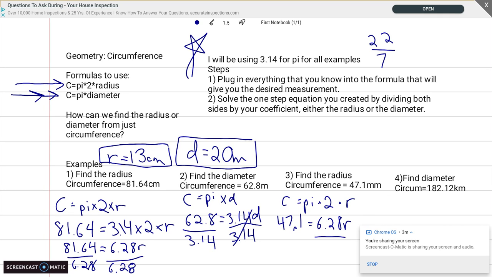And again, you're going to divide by your coefficient, in this case 6.28. The reason why that's the coefficient is because it's right next to our unknown, our variable. And off screen, when I do this, I get a radius of 7.5. So my radius equals 7.5 millimeters.